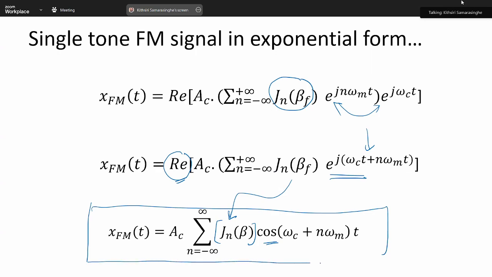This is very useful when you are plotting the spectrum, because n is varying for each pair of side frequencies. When n is 1, it is the first pair of side frequencies; n equals 2, the second pair of side frequencies. Likewise, for each pair of side frequencies, this amplitude is readily available from the Bessel coefficient charts.